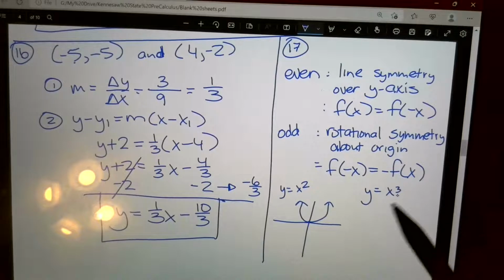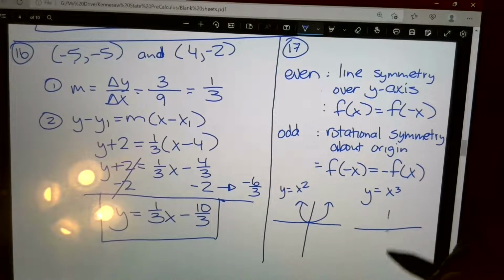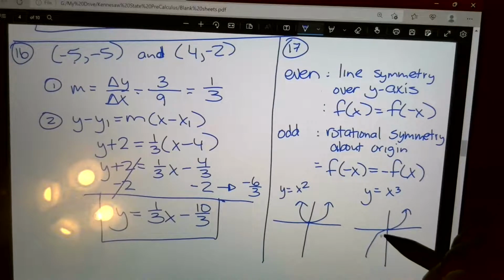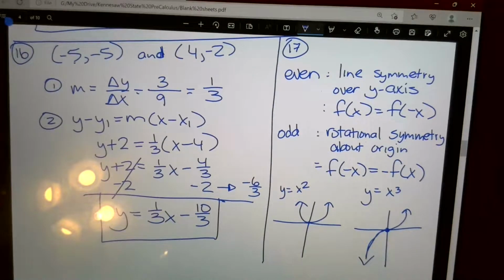This is an odd function. y is equal to x cubed. You can put them in your graphing apparatuses if you want to. This has rotational symmetry about the origin. Those are the easiest examples of even functions and odd functions. And honestly, when I was learning it, that's what I used to help conceptualize it.